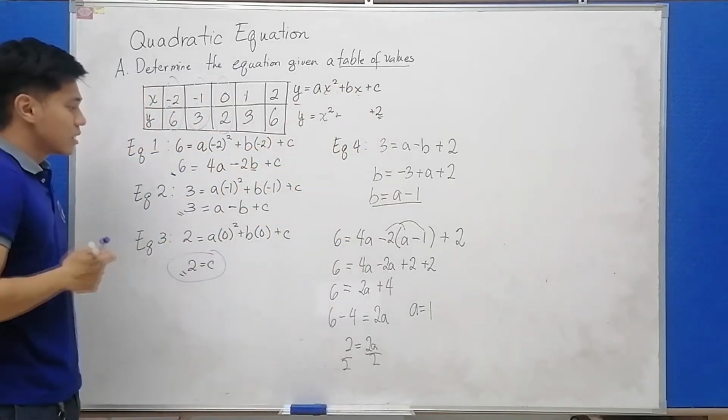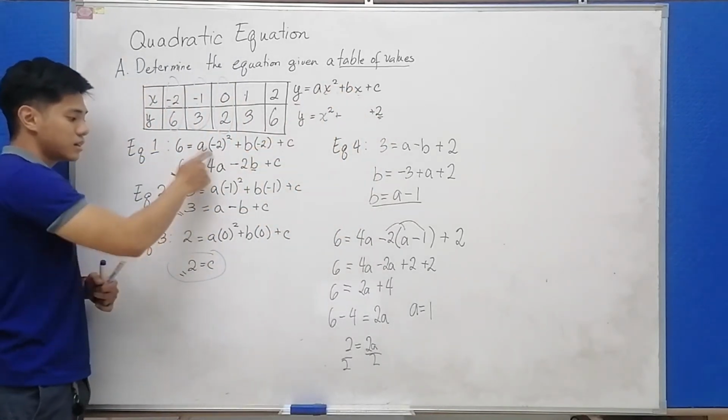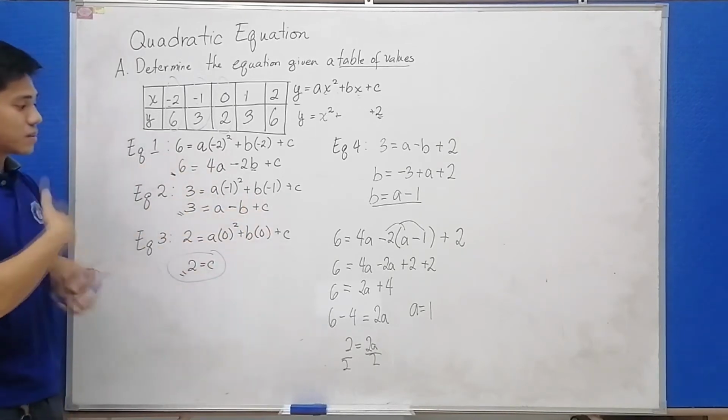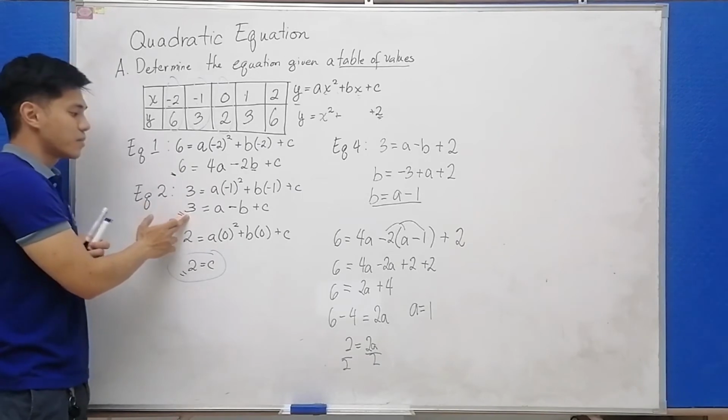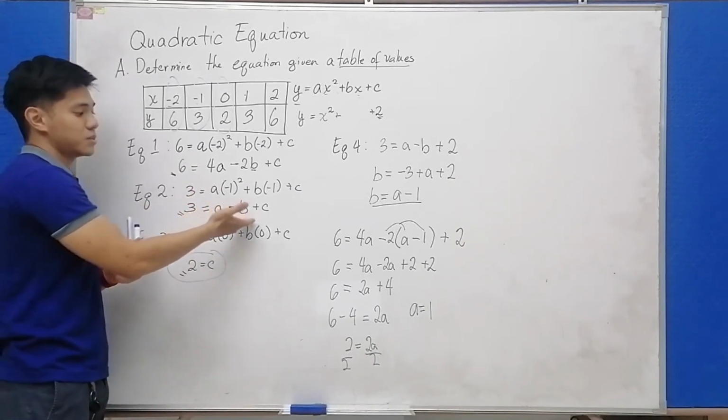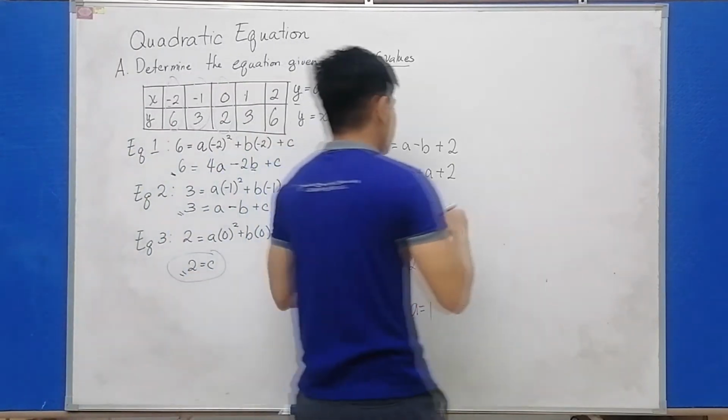So how do we do that? We can choose any of these two, again, any of these two, and then just substitute a and c. And if we substitute a and c, we'll get the proper form of b. So let's take the easiest one, which is 3 is equal to a minus b plus c. Substitute their terms.